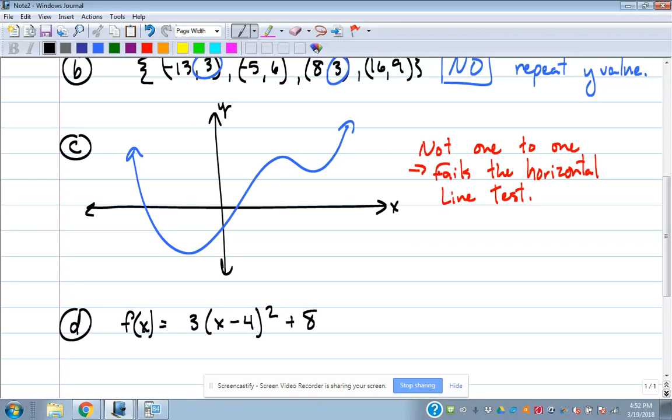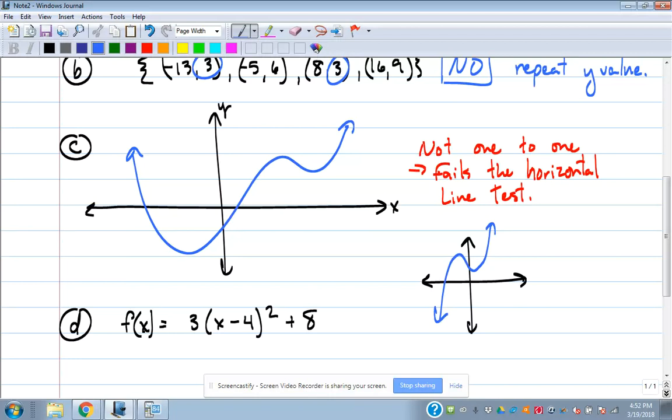No. An example would be a cubic function that does this, and that would be a failing. That's an odd function, but it fails the horizontal line test. So not every odd one is one-to-one, but every even one is not one-to-one.